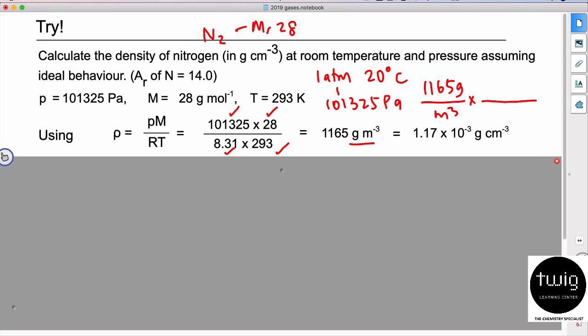If I want to convert to cm cube, I put meter cube on top and cm cube below. Why? Because the meter cube and the meter cube can cancel out. And then I write: 1 meter cube is 10 to the power of 6 cm cube. That's it, that's the answer. Does it make sense? I just do some simple conversion. So that's done.